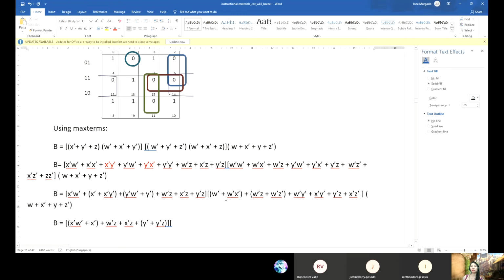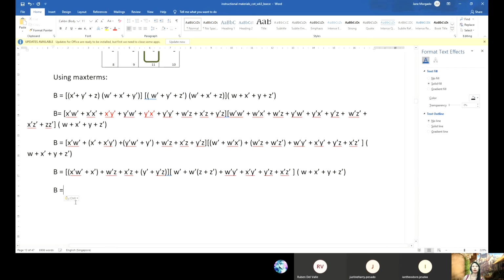Okay, so we have w prime plus w prime x prime is w prime. Plus, so for here we can factor out w prime, w prime and then z plus z prime. Plus again, copy. Let's just copy this. Then we have B is equal to, next.